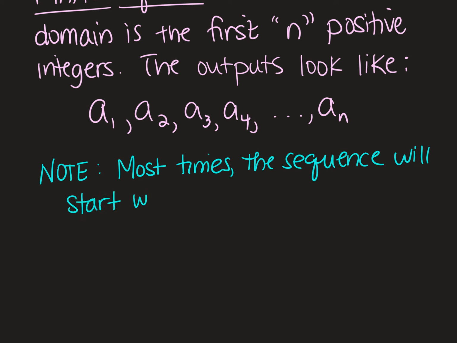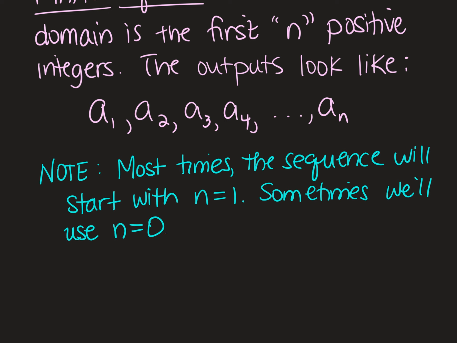We'll say with n equals 1. Sometimes we'll use n equals 0.